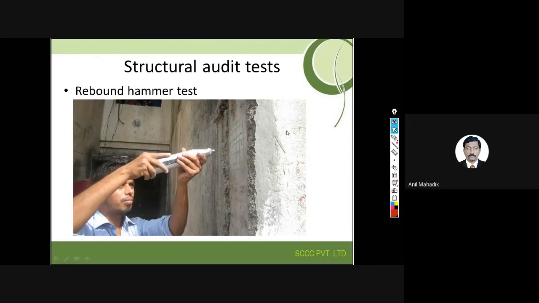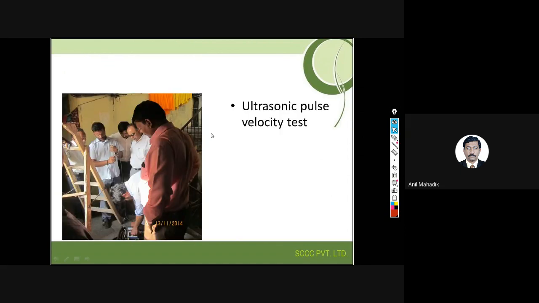The rebound hammer is generally used for the surface strength of any member, the surface grade of concrete, surface only. Then there is the ultrasonic pulse velocity test. Generally it is based on velocity.